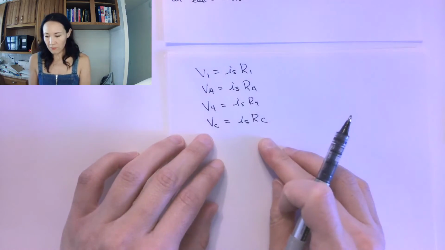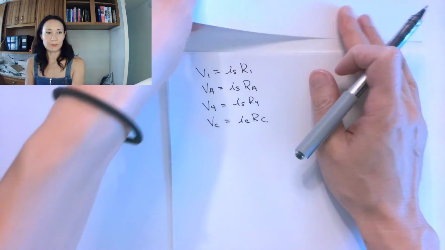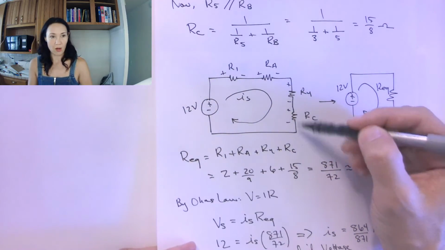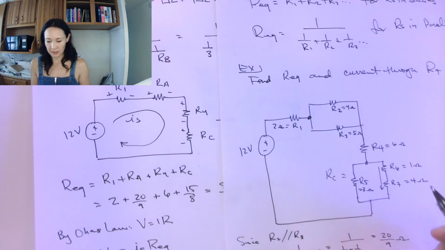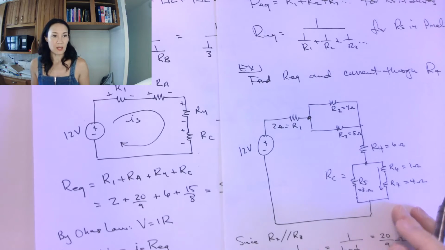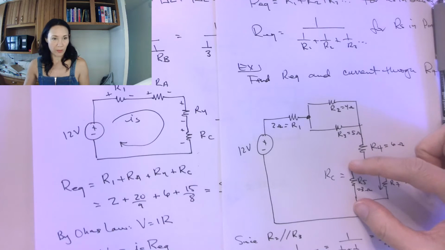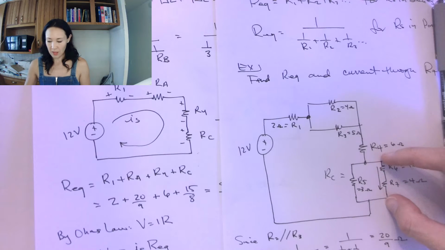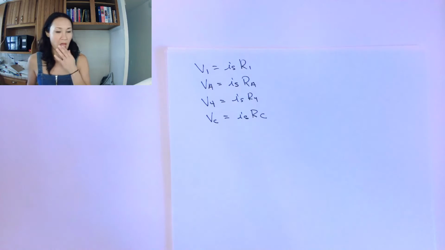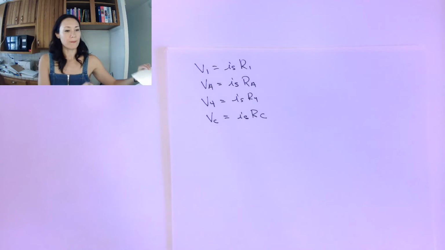If I can find the voltage drop across this RC, you know that this RC is actually this parallel network here. This is what we replaced with RC. So if we can find the voltage drop across RC, that will be the voltage drop across R5 and the voltage drop across R6 and R7 combined in series. So that's what we want to find next.